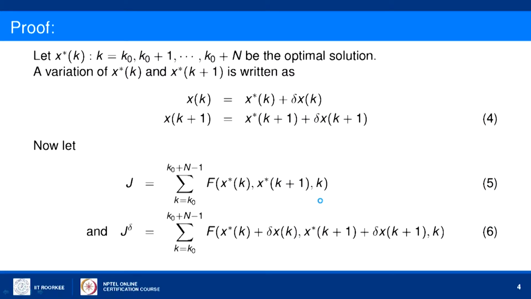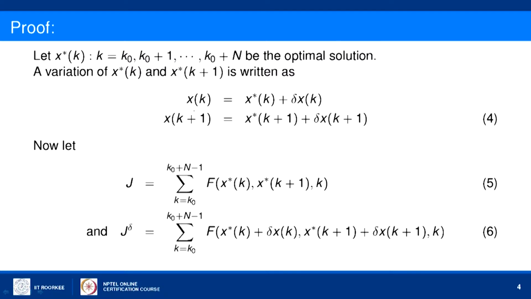So, let us see how to derive this necessary condition. If x star k is an optimal sequence between the instants k0 to k0 plus n, then the variation is given by this expression.